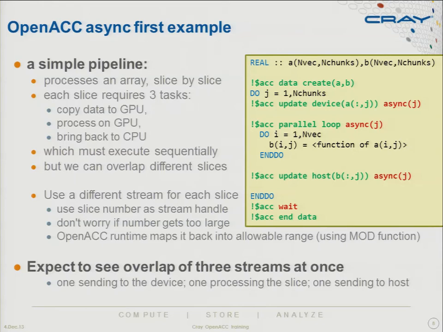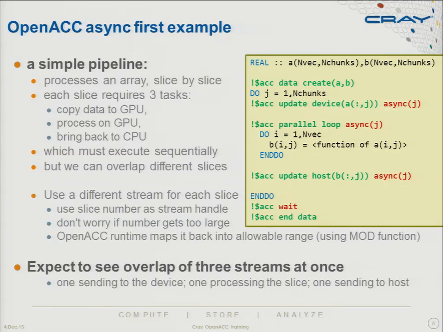Here's my loop over the independent chunks. It's a sequential loop. It's not a parallelized loop. So for each chunk, what's going to happen? First of all, copy across all the data associated with that chunk. Then process that chunk, so fix j, then copy the result back for fix j, then go round and do the next chunk.